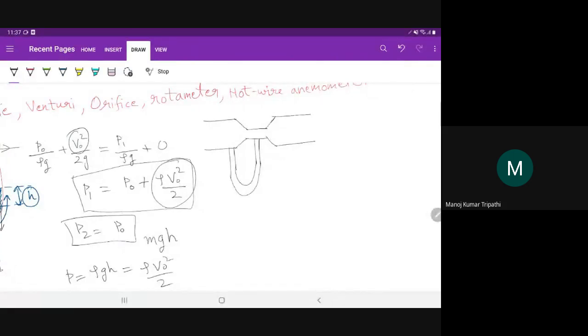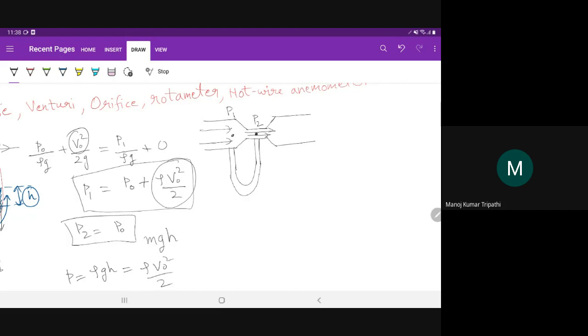So as we have seen earlier, from the continuity equation, you can see that the velocity in the wider section will be less than the velocity in the narrow section. And from the Bernoulli equation, you can again deduce how the pressure at point 2 and pressure at point 1 are related.